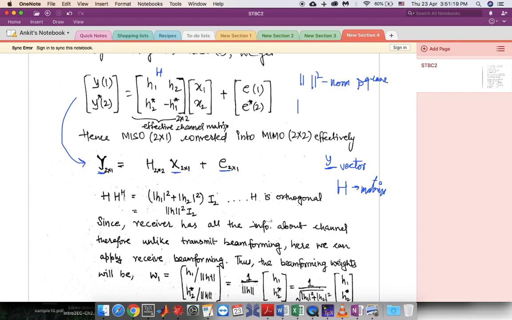Whereas the norm of H is nothing but the square root of mod of h1 square plus mod of h2 square.